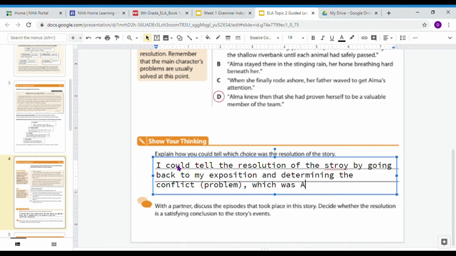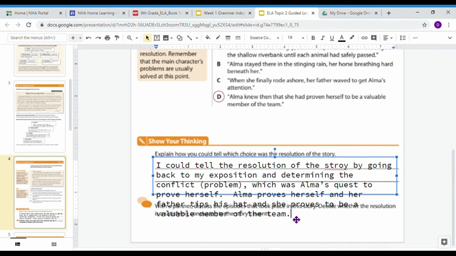Which was Alma's quest to prove herself. Alma proves herself and her father tips his hat, and she proves to be a valuable member of the team.